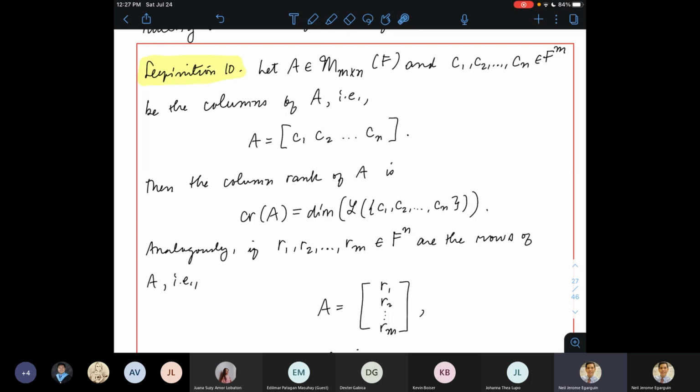Dapat alam natin yung basic properties ng fields, which is hard probably for those who have first seen it here. But the properties are actually a bit familiar or a bit natural because we are very accustomed with the set of real numbers or the set of complex numbers, so you can treat them as just generalization of the properties of R and C. Okay?